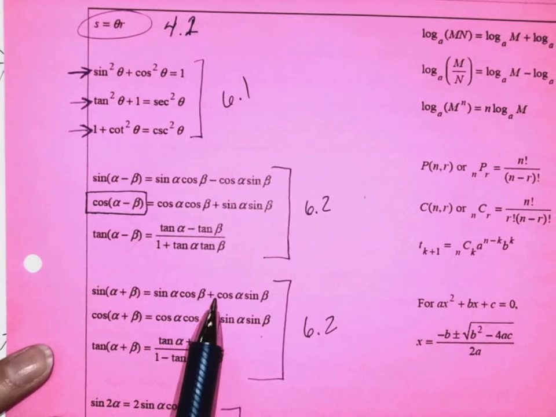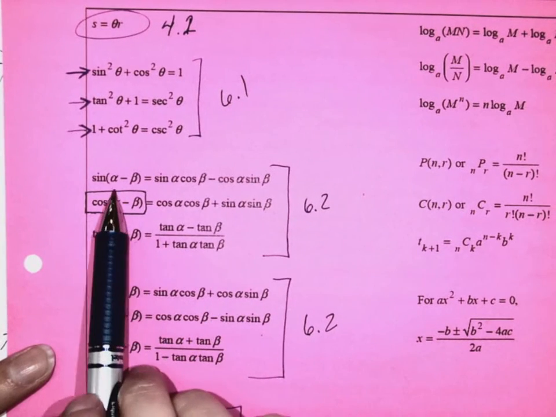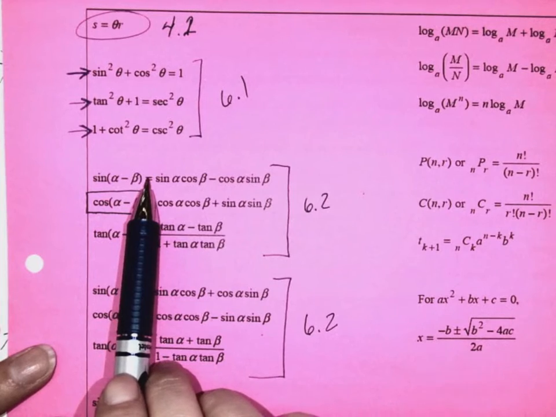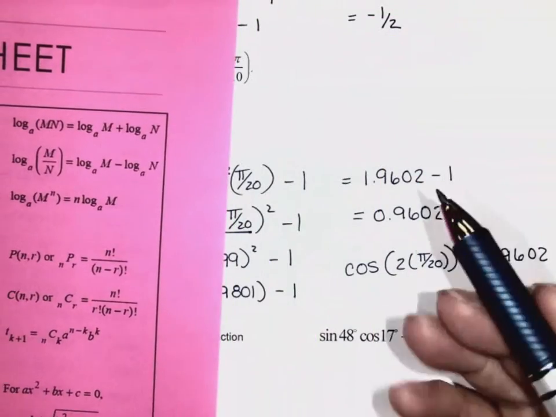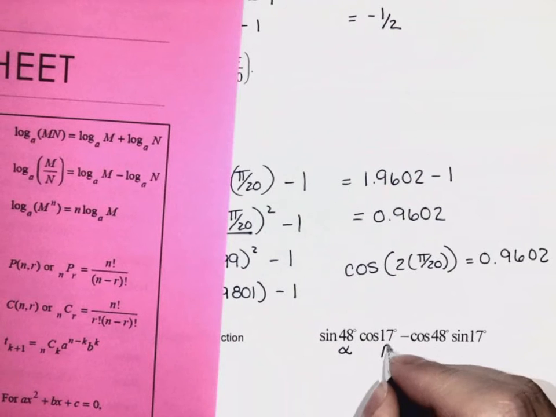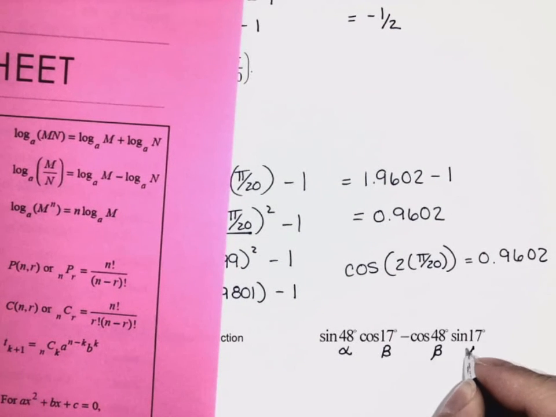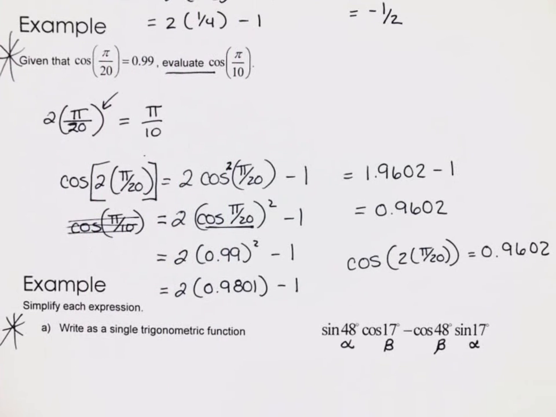Sine alpha minus beta. Because look, you guys would say that this is alpha, that's beta, that's beta, that's alpha. Right? You guys would agree with me?